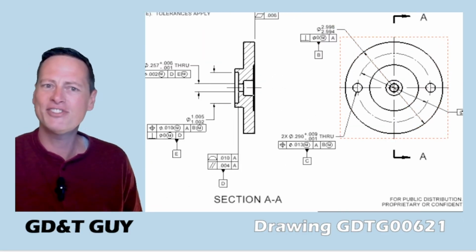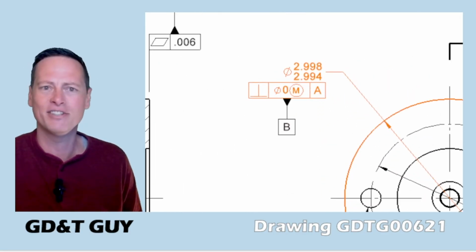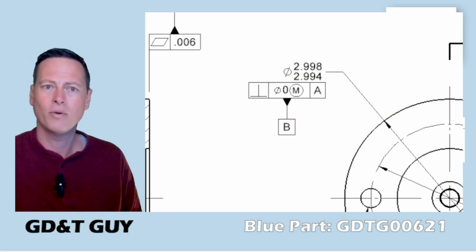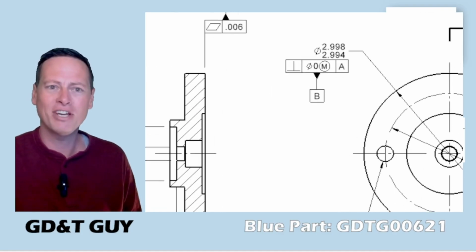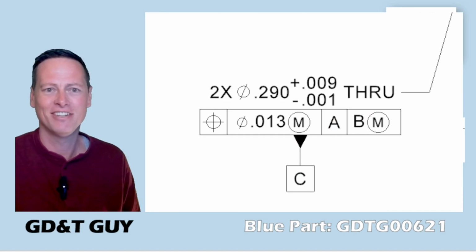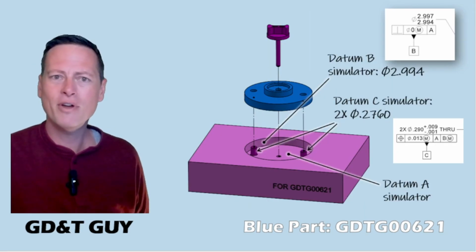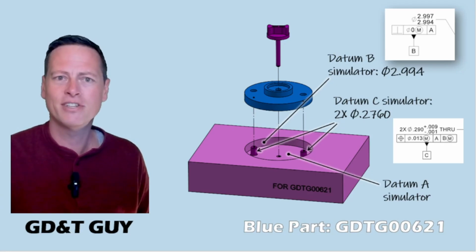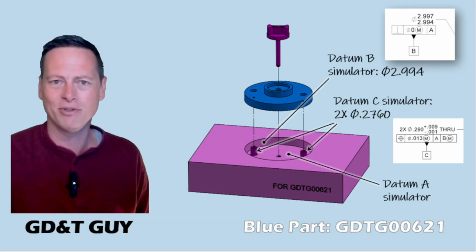But this part and this interface already has an indisputable secondary datum feature, this close-fitting cylindrical Datum B feature. We're keeping that and now claiming that this pattern of holes is a tertiary datum feature. If we were to follow through on this, it would give us a gauge that now has 2 pins for us to use as a Datum C simulator.